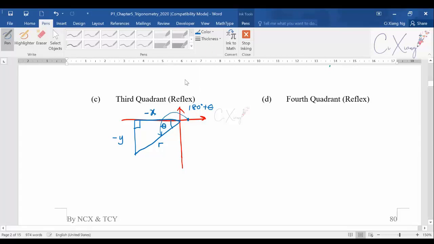The label for this quadrant will be 180 plus theta, or we can write pi plus theta. I will let you know how we use this later, but I want to label it here first. For this third quadrant, you will realize that only tangent is positive.